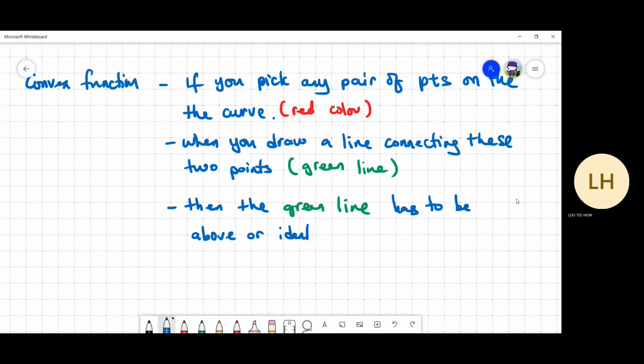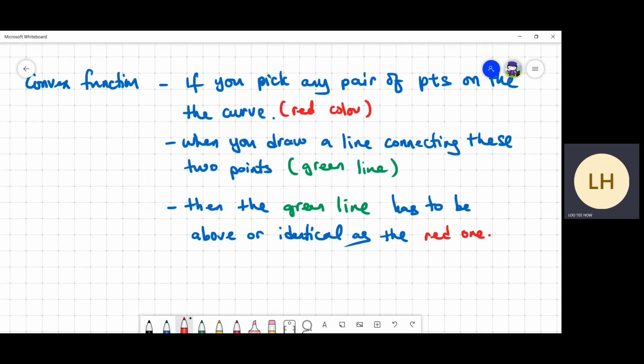Once the graph for the function has this property, it will be a convex function.